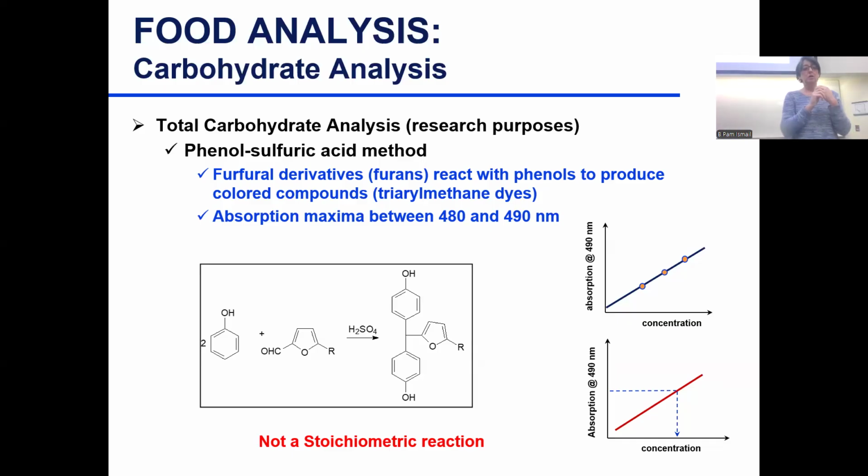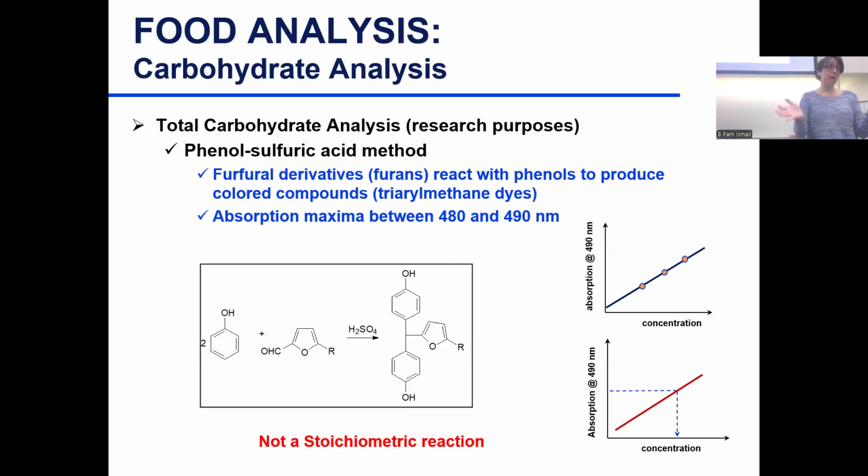Now, if you know the carbohydrate composition of your sample, then you would want standards that represent the monomers in your sample. So if most of your monomers are glucose, then you can prepare a glucose standard curve.